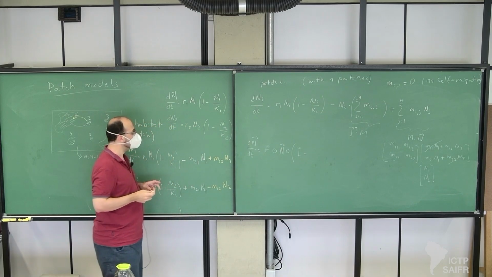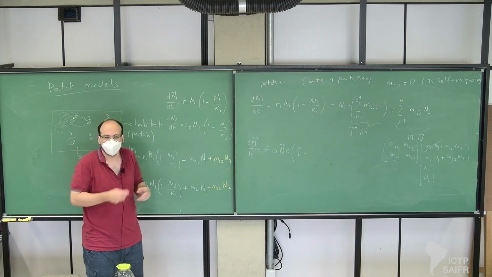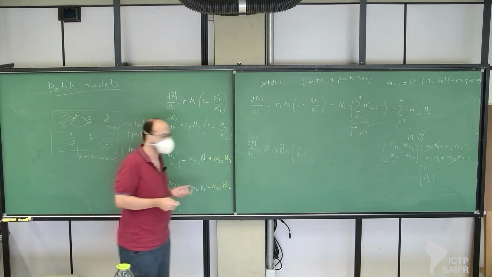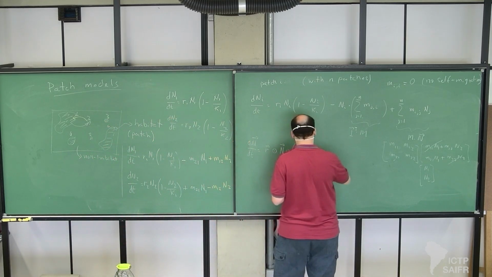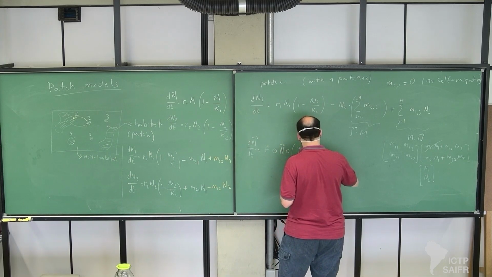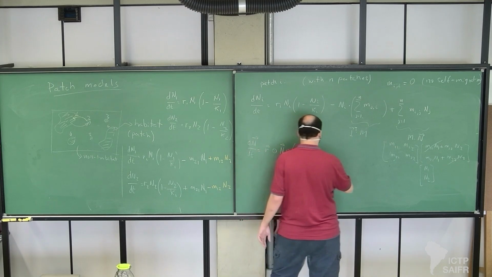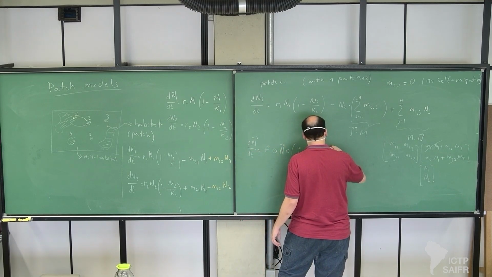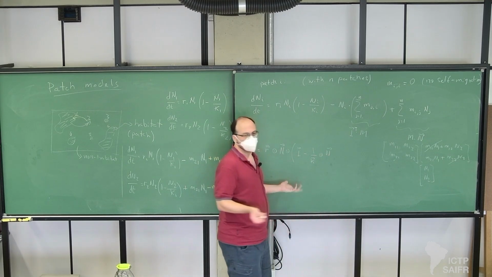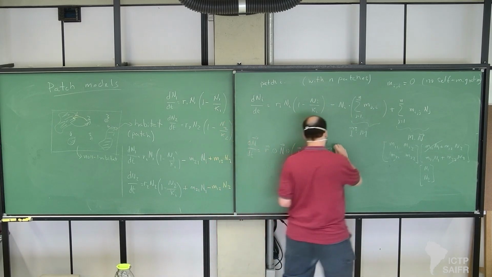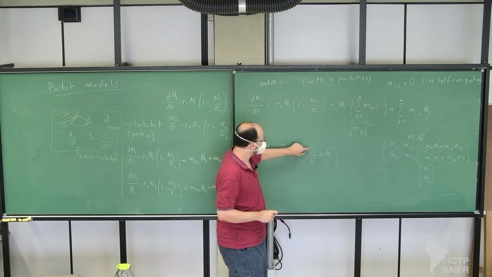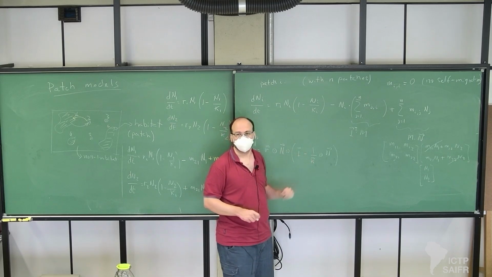I don't know any notation for division element by element, only for products, so I wrote something funny in the notebook like this, right? Of course, you don't have to do 1 over k multiplied by the vector n. You just do n divided by k, right? And this is a vector where each element is 1 over k_i, okay?